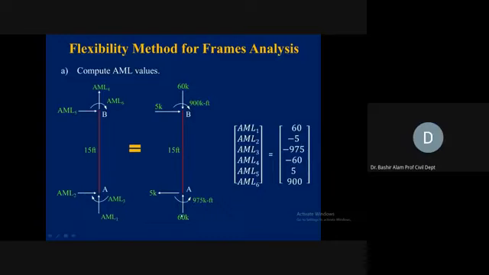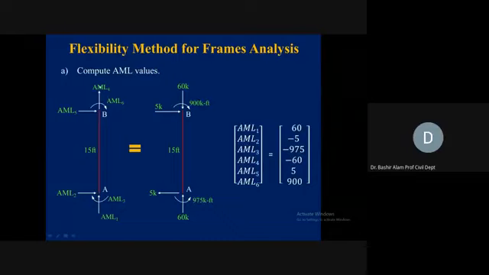So here now you see what is AML1. Here you see it is 60, so here we record this 60. AML2 is how much? It is rightward positive direction, so it is in the opposite direction, so this is becoming -5. So here we write the -5. AML3, it was clockwise, here it is counterclockwise, so this is becoming -975.